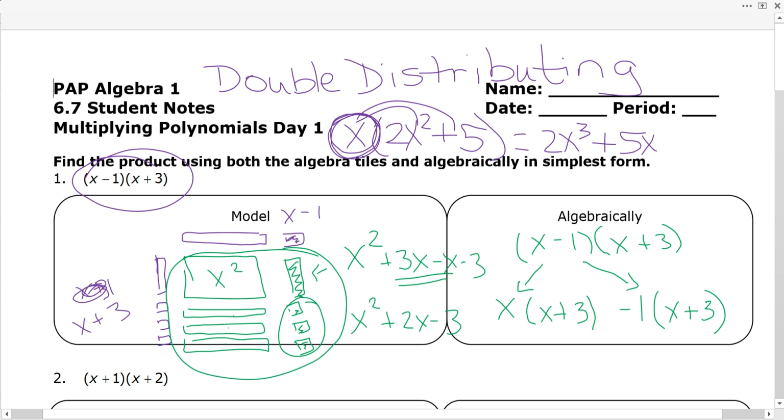So I took the x from this first one and I'm going to distribute and multiply it times here. And then I'm going to take this minus and I'm also going to distribute it. That's why we're calling it double distributing.